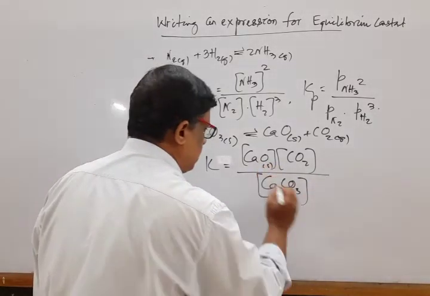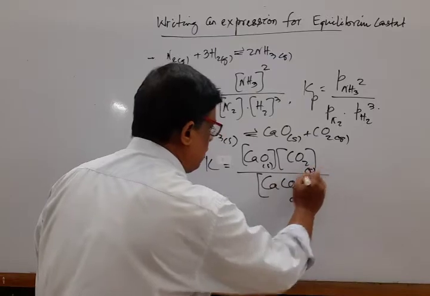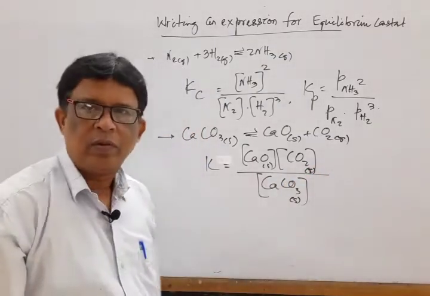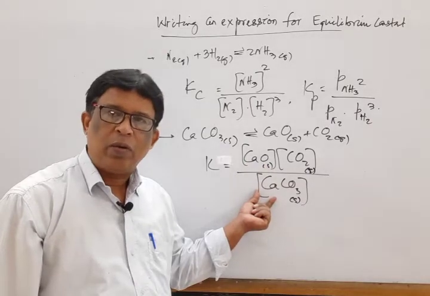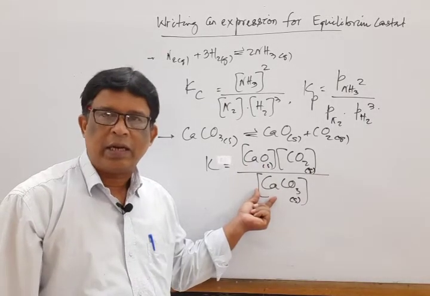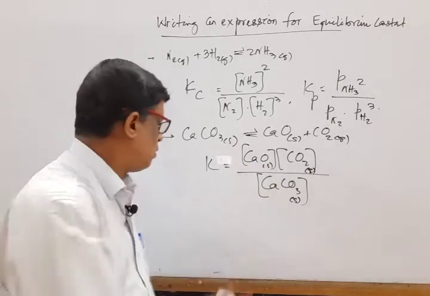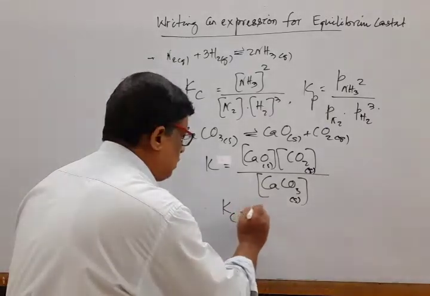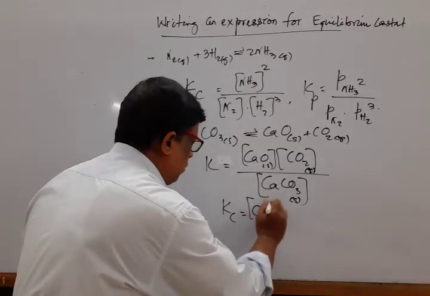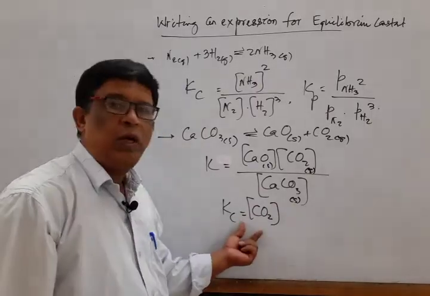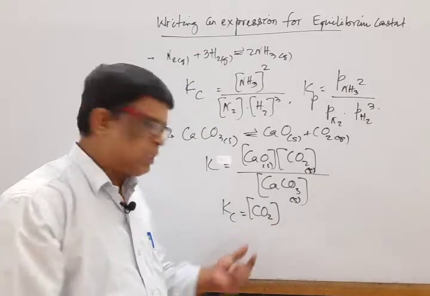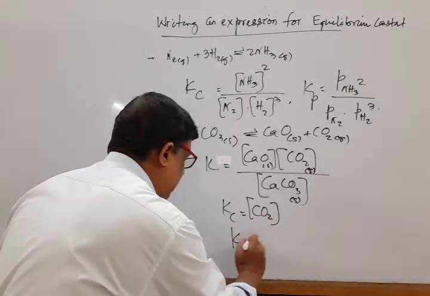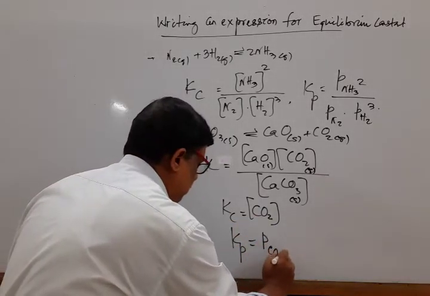Mark that, since these are solids, if any component is in solid or liquid form, then its molar concentration is taken as unity. So we can write Kc is equal to CO2. Since only one component is gaseous, a better way to express it is Kp is equal to P of CO2.